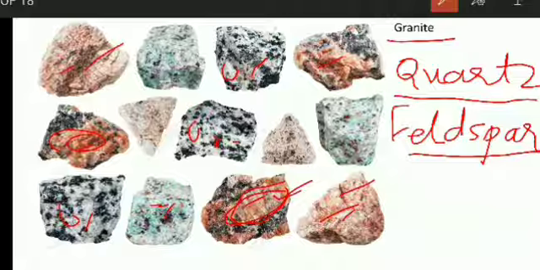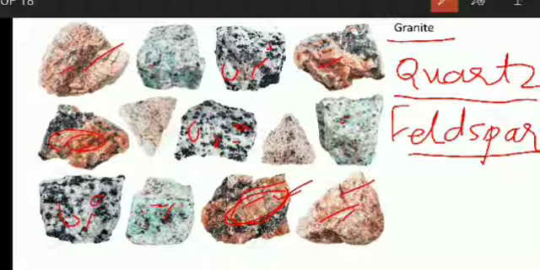The accessory minerals present in small amount are the black spots you can see here. Those are the micas. Then sometimes we find hornblende and iron oxides. All these are accessory minerals present in small amount.